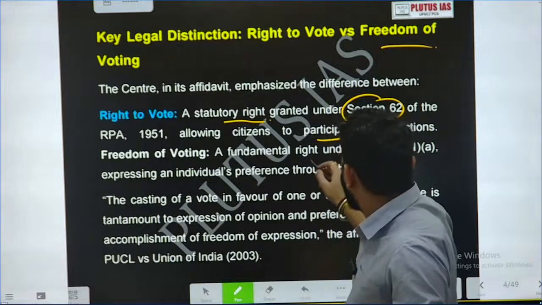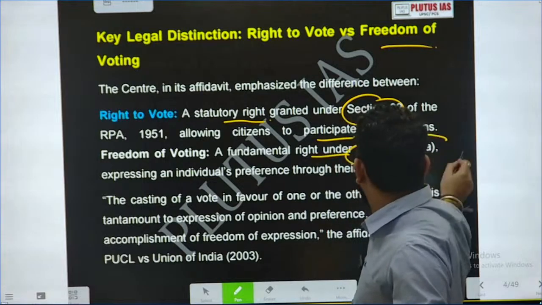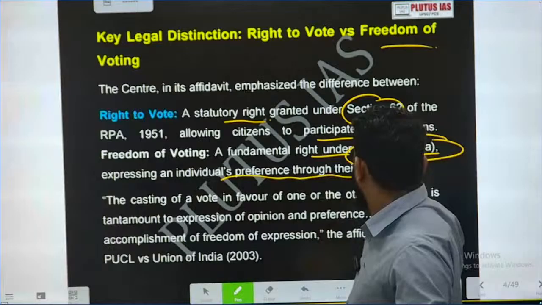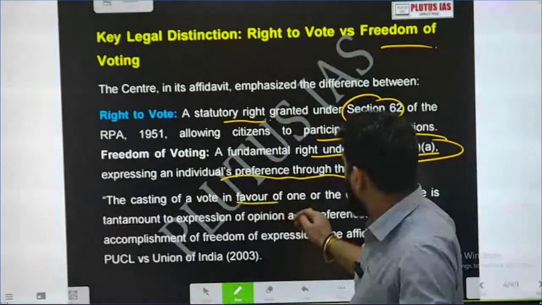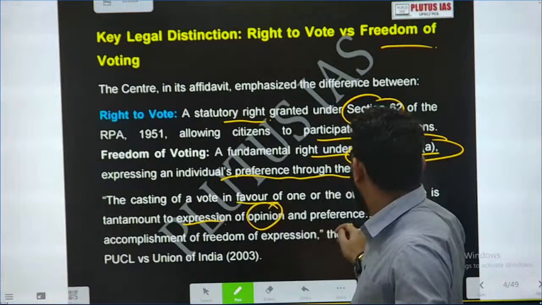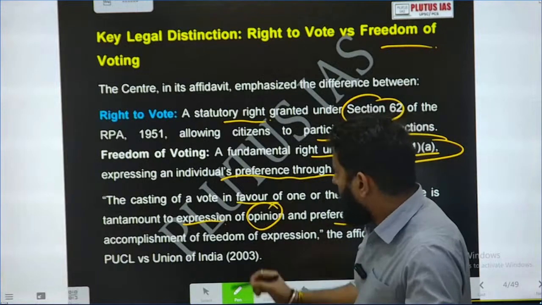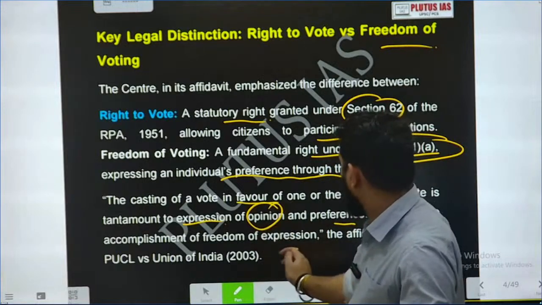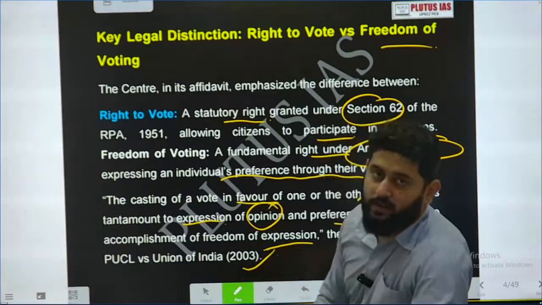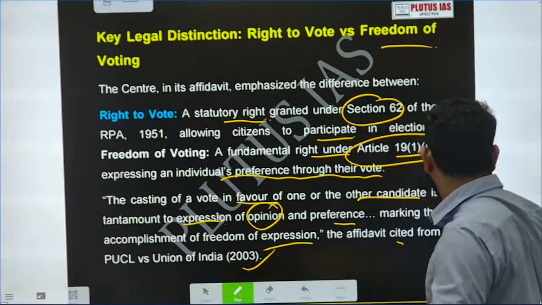Freedom of voting is a fundamental right under Article 19(1)(a), expressing an individual preference through votes. Casting a vote in favour of one or the other candidate is tantamount to expression of opinion and preference, making it an exercise of freedom of expression. The affidavit cites the PUCL versus Union of India case, as we already discussed.